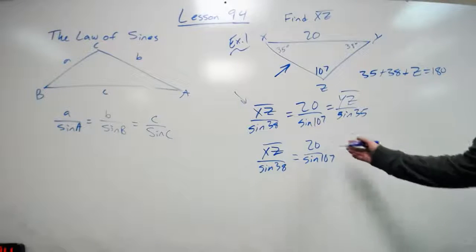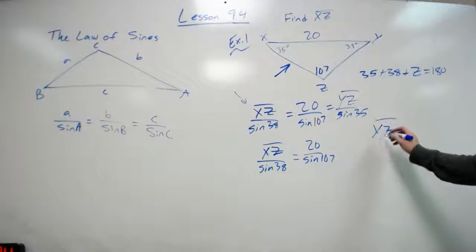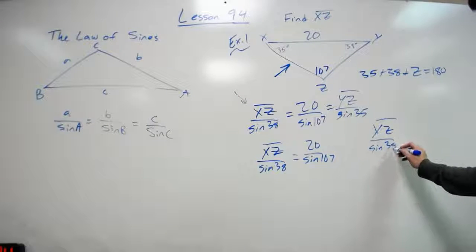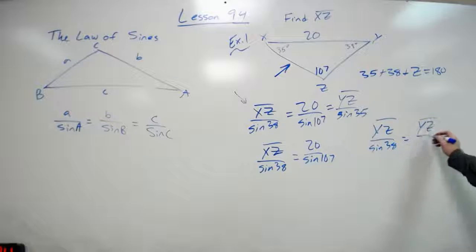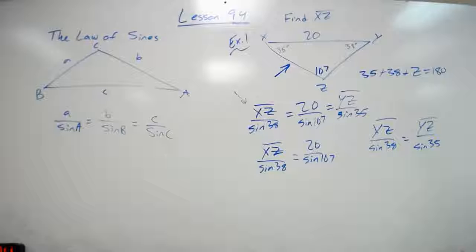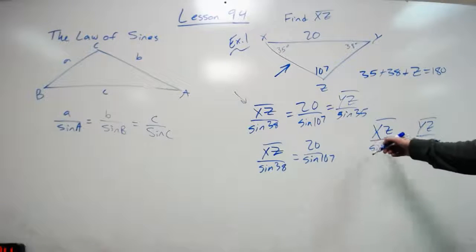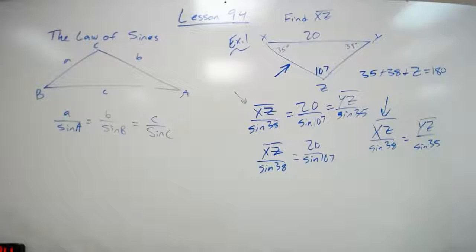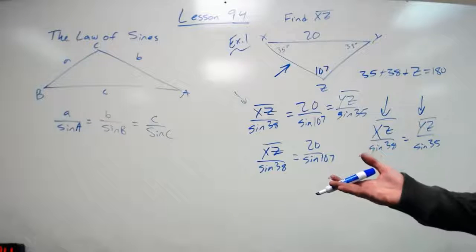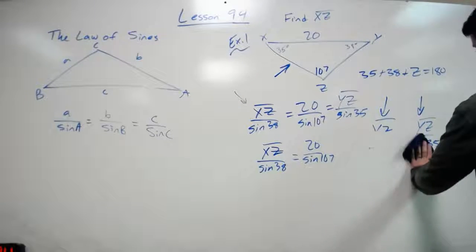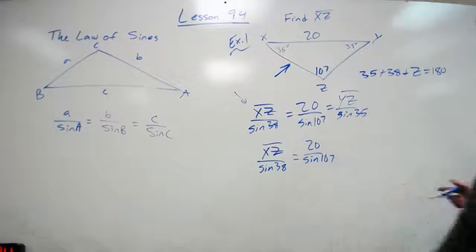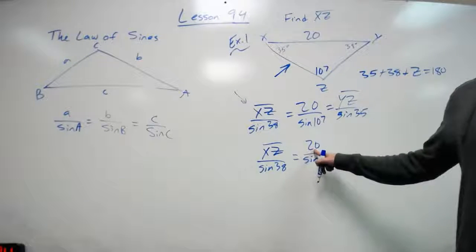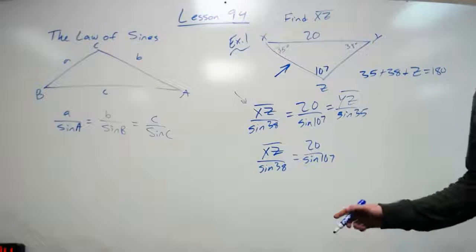That's one proportion I can do, or I could do xz over sine 38 equals yz over sine 35. The problem there is I have two variables: a variable in side xz, and a variable in side yz. So that leaves it unsolvable, so we erase that one, or know that we can't use it. However, in the other one we know what this side length is, so we can cross multiply and solve.